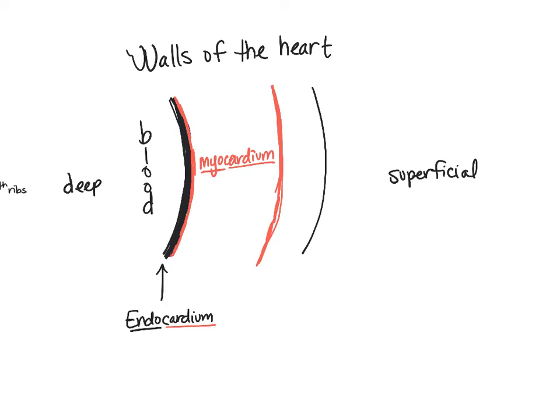And so the myocardium is tissue that's composed of cardiac muscle, and this cardiac muscle is made of what are called cardiocytes. And these are the cells.